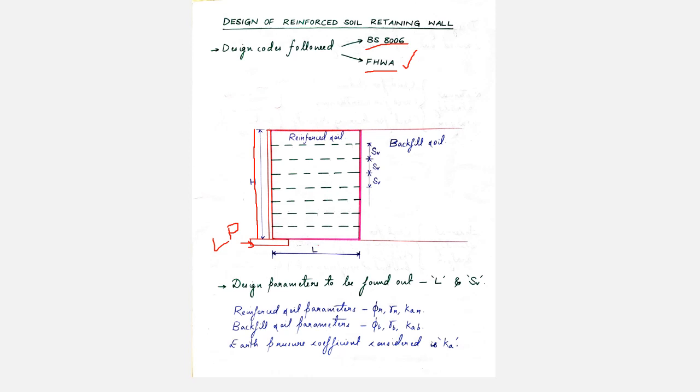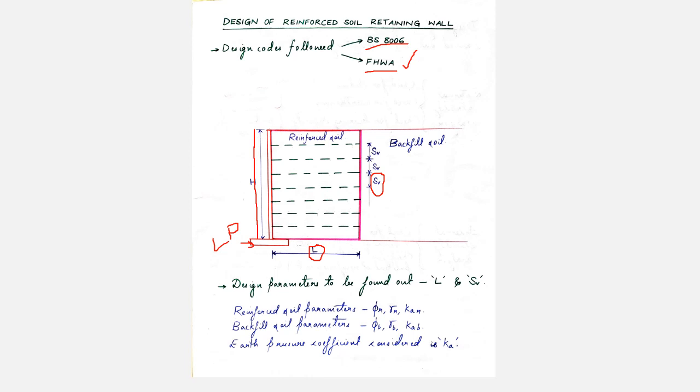L here denotes the total length of the reinforcement which is embedded into the soil, and SV here denotes the vertical spacing between the reinforcements located at various depths along the height of the wall.